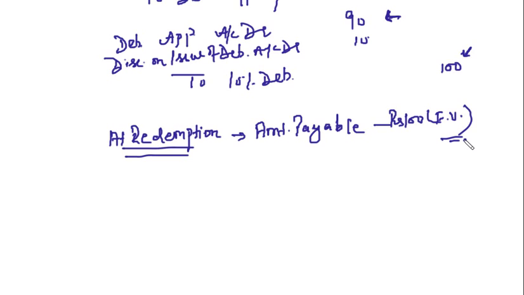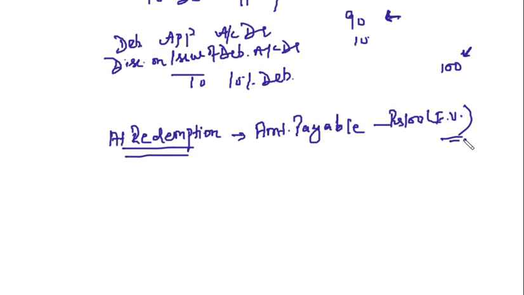You have collected 90 from the public, that is your discretion. The value of the debenture remains 100 rupees. It is not that you have received 90 rupees, so value of the debenture is also 90 rupees. If a person comes to you with a debenture valuing 100 rupees, you will pay him 100 rupees because the value is 100 rupees.